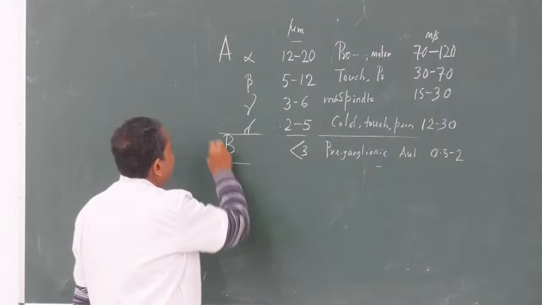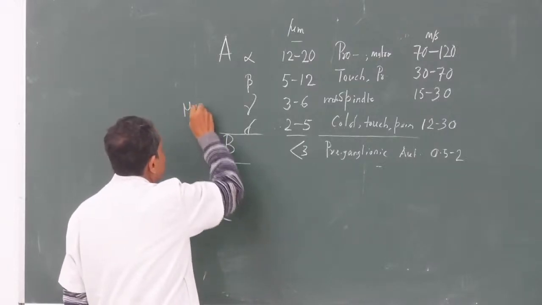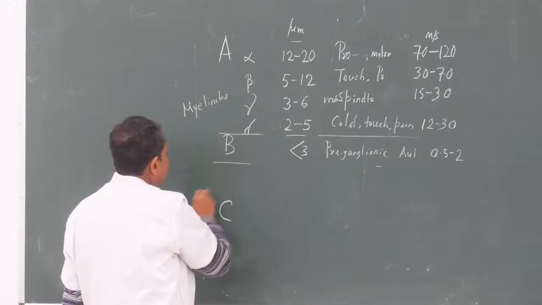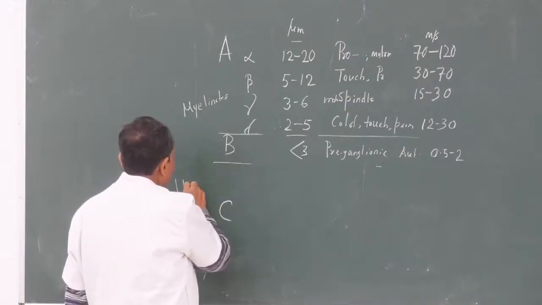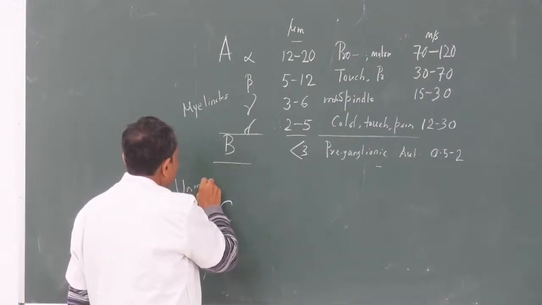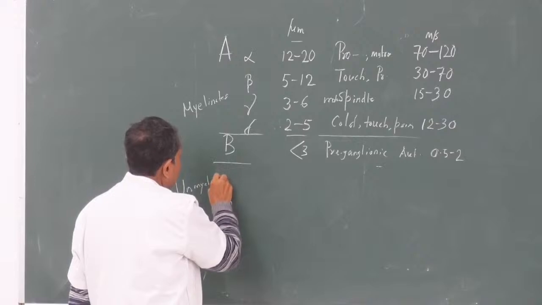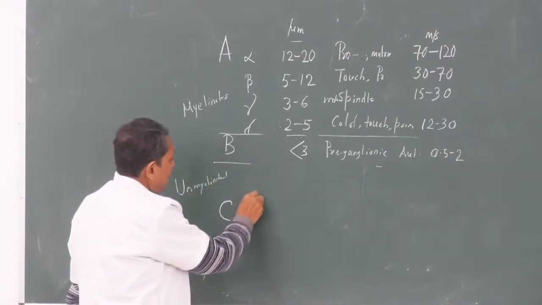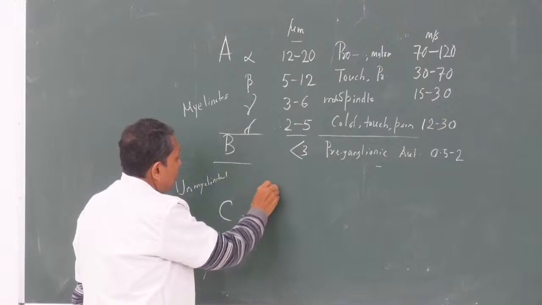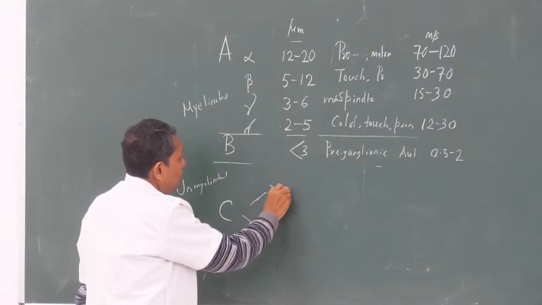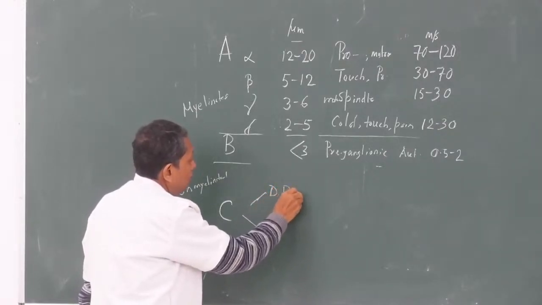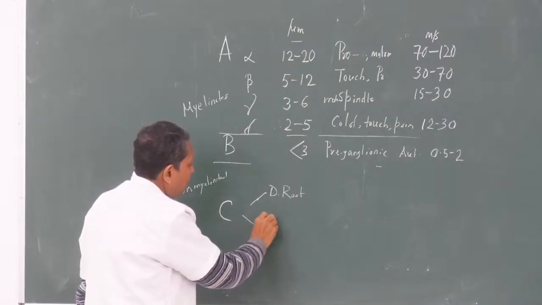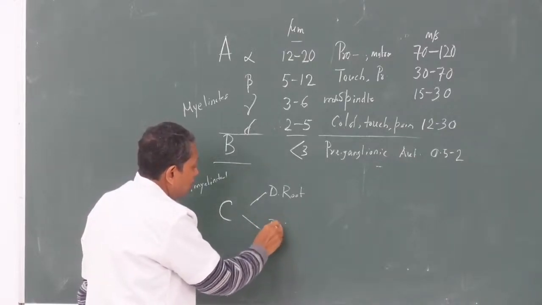After this, it is myelinated, and this is unmyelinated. And it is divided into dorsal root, C fibers, and postganglionic sympathetic.